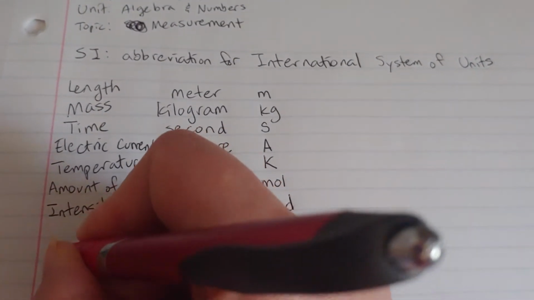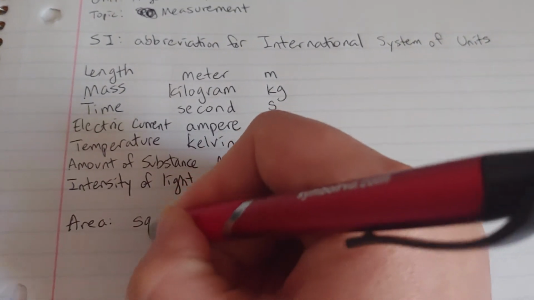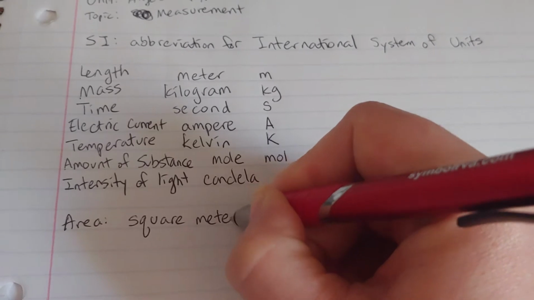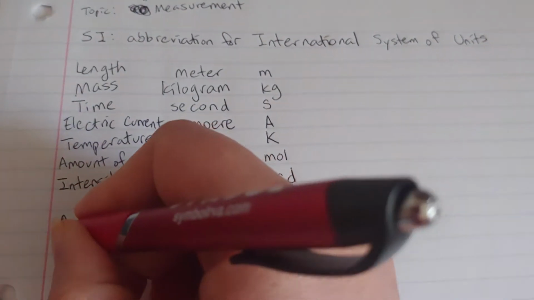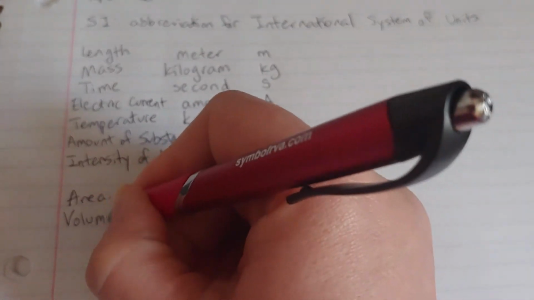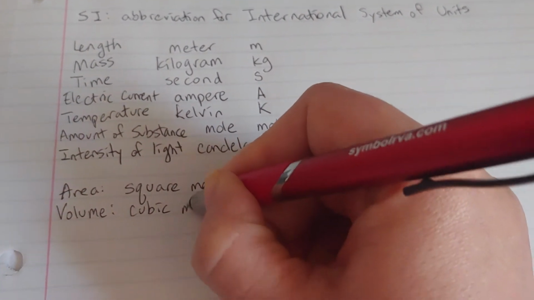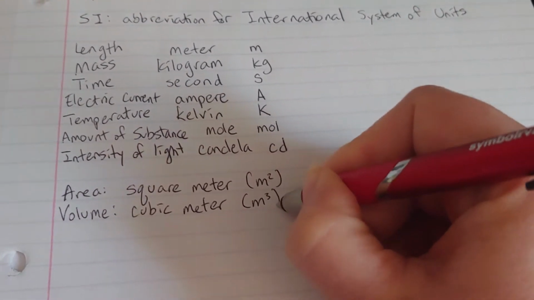So in the International System of Units, there are other units which we call derived units. So area, for example, would have the square meter, or m squared. For volume, we have the cubic meter, or m cubed.